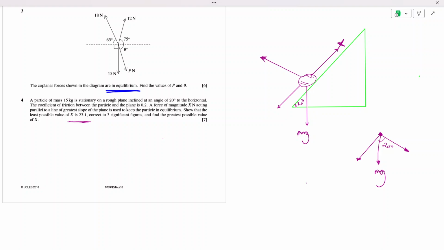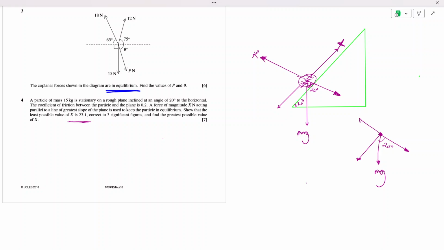We remember we have reaction acting up, then the component of weight that is perpendicular to the direction of the plane, right? And then we have the component of weight that is parallel to the plane. This part would also be equal to 20 degrees. If you do the geometry, you see that this part is also equal to 20 degrees. That's what I'm trying to show here.